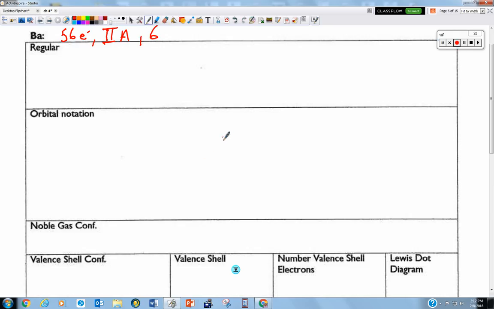So just from that information, I already know some things about barium.